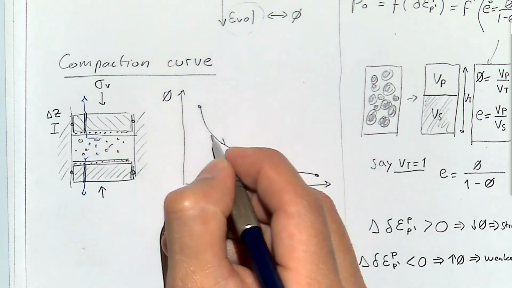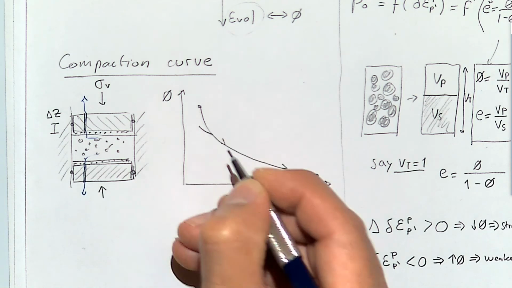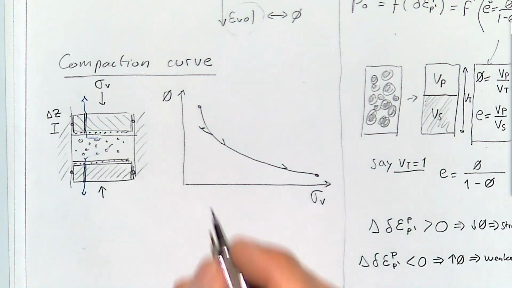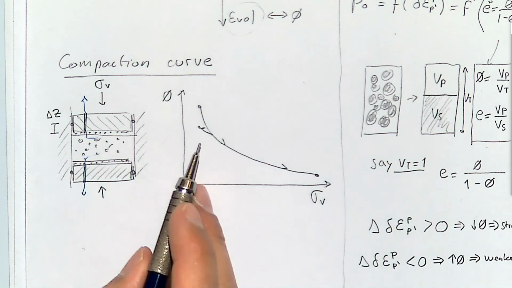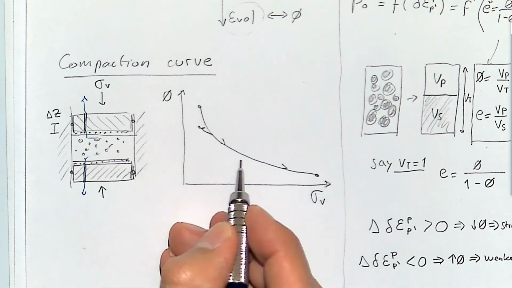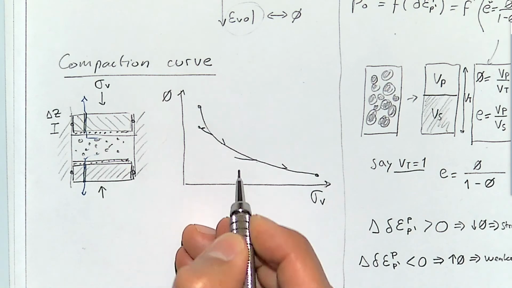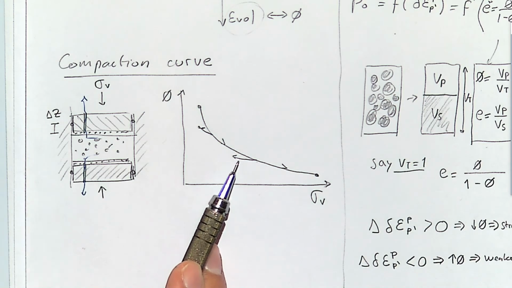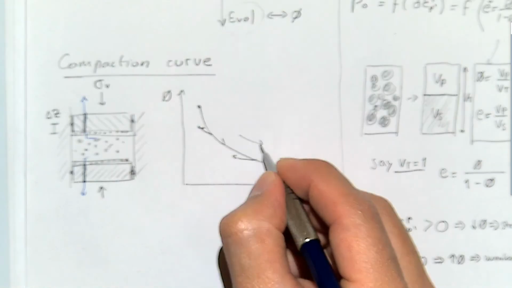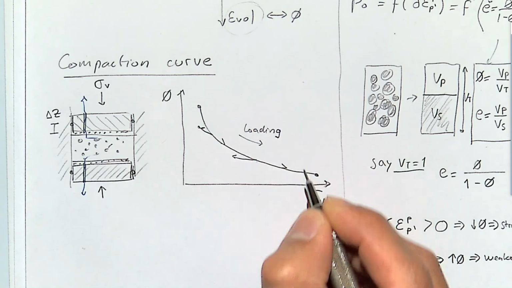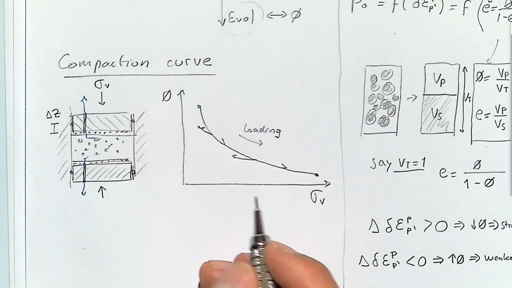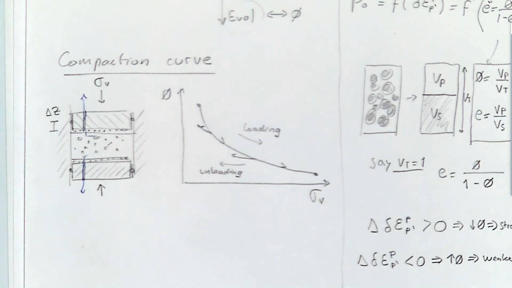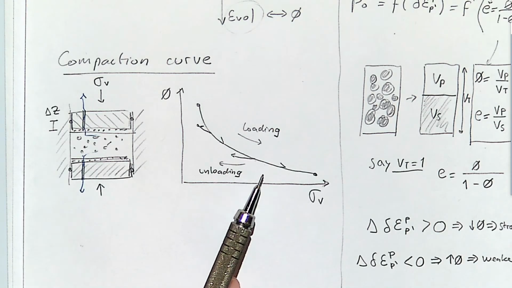You could also do an unloading path, but you will see that unloading doesn't follow the same path as loading, because unloading is mostly elastic, while loading is inelastic. And because of that, these two curves are going to be different.